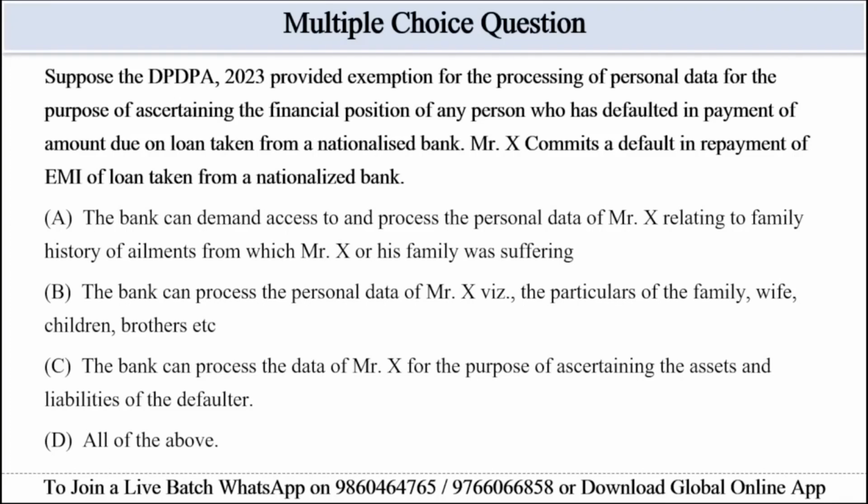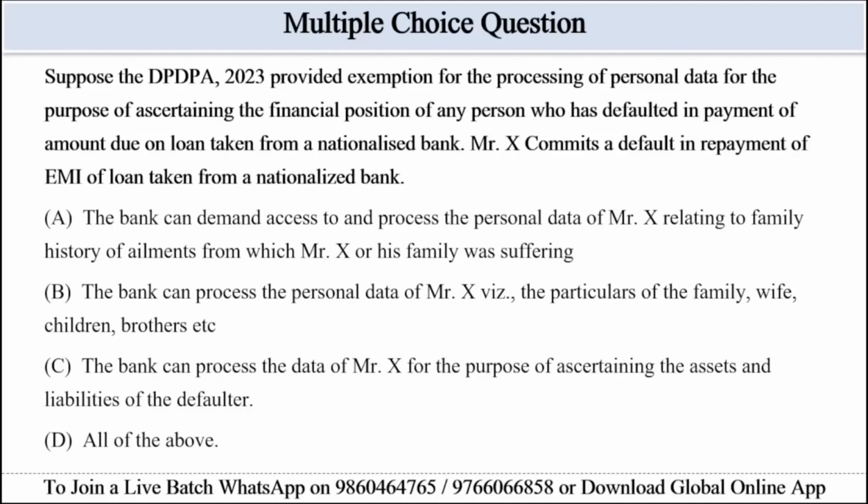So this question is asking which kind of data processing is justified when there is an explicit exemption allowing processing of personal data for the purpose of ascertaining the financial position of a loan defaulter. So the passage stresses that the exemptions are tied to a specific purpose, such as prevention of offense or security of the state. The hypothetical gives a purpose-based exemption: ascertaining the financial position of a defaulter.